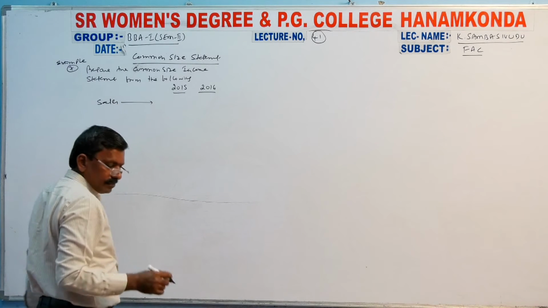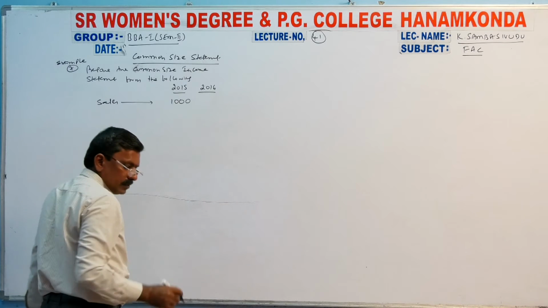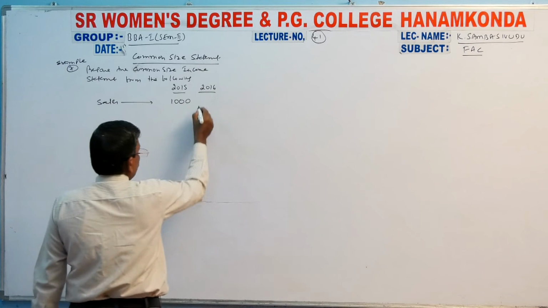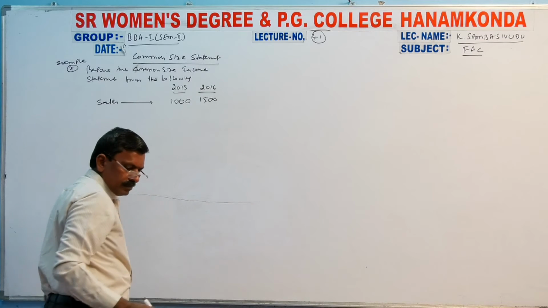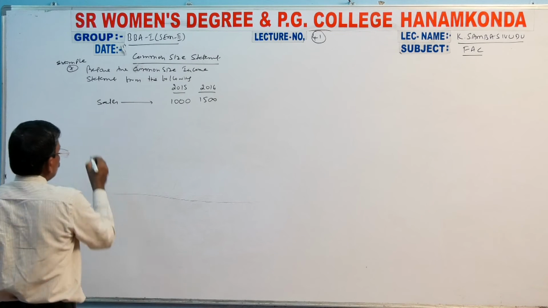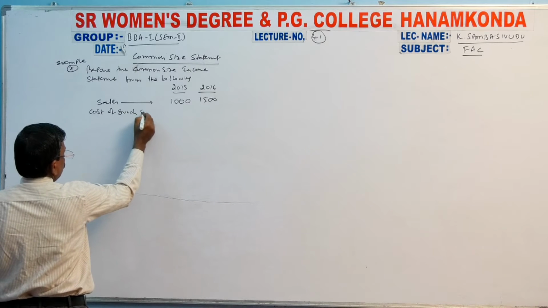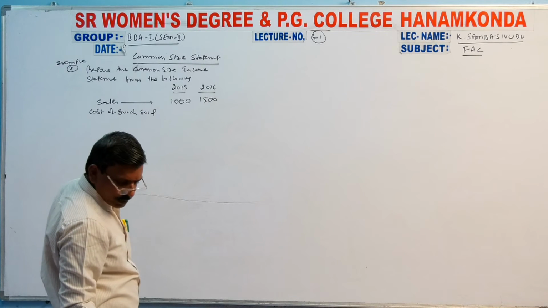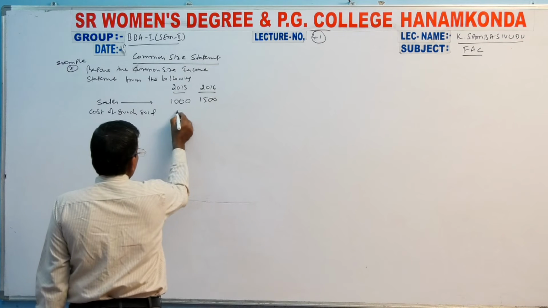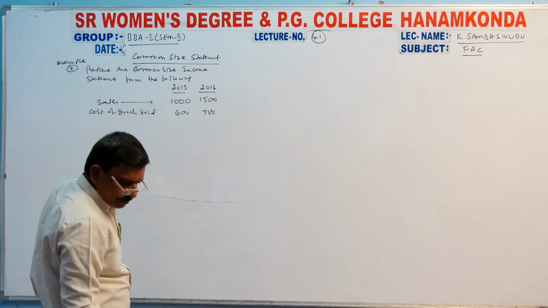Sales 1000 and 1500, and after that cost of goods sold 600, 750.